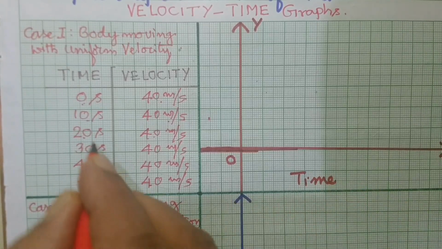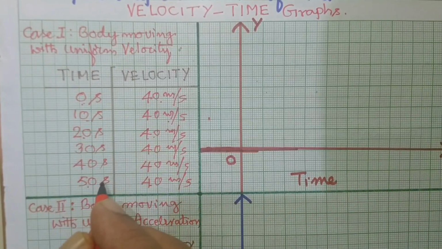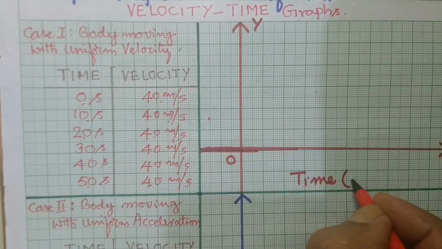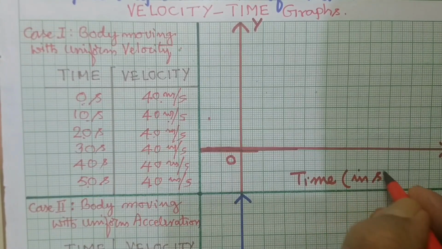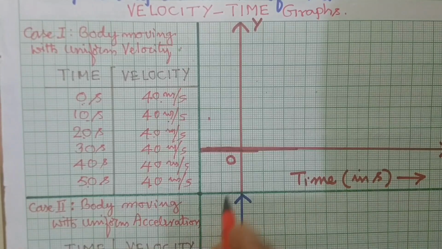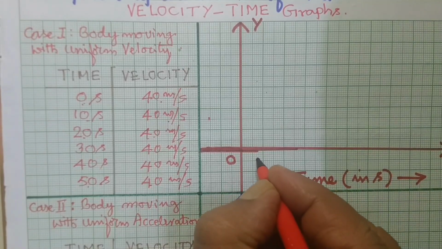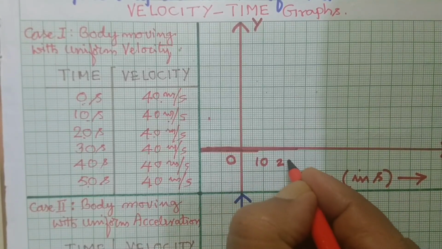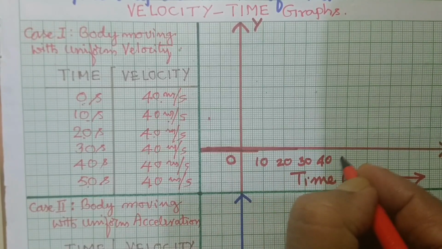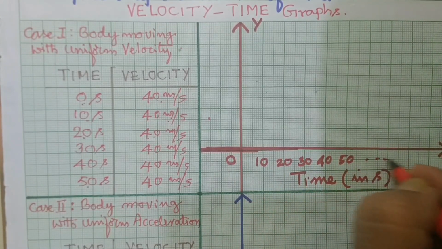Time I am taking now in seconds. In some examples, we are going to take it as hours also. As I am taking seconds here, I am writing it in seconds clearly. On the x-axis we are taking, here it is 0. Now I'll take 10 here, 20 here, 30 here, 40, 50, like that. Continuously it is going.